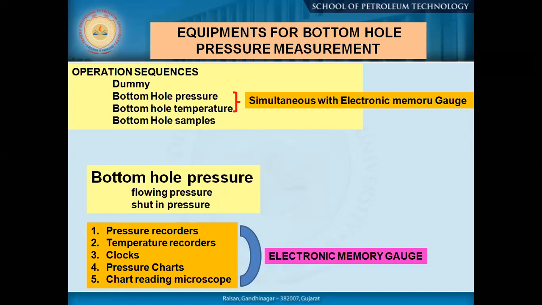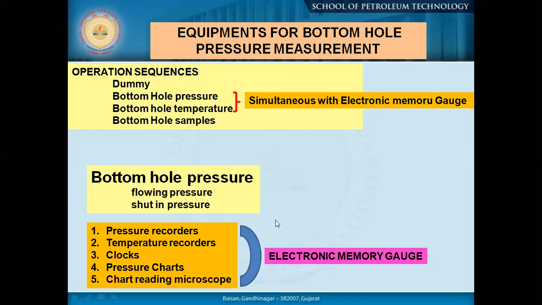So we try to see whether the desired depth of operation is clear or not. Dummy means an extra step, a precautionary measure, so that you do not lower your costly instrument into a hole that is not clear or is a problematic well. Every time it is happening.